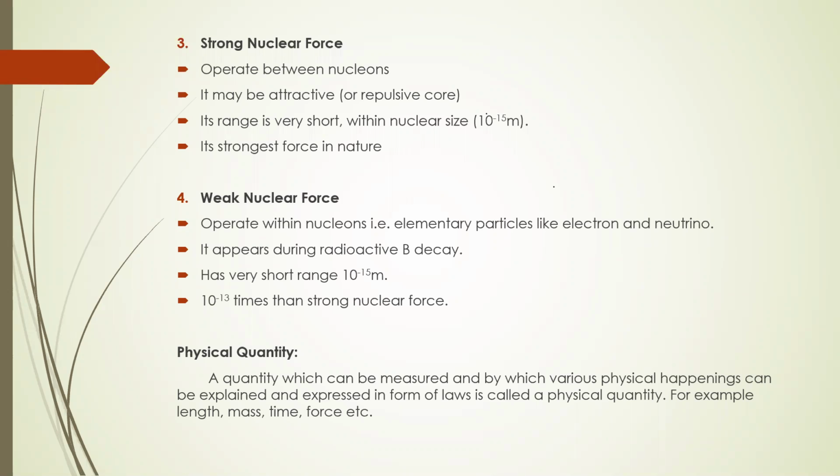So what do we mean by physical quantity? A quantity which can be measured and by which various physical happenings can be explained and expressed in the form of laws is called a physical quantity. Examples of physical quantities are mass, length, time, temperature, force, pressure, density, volume.